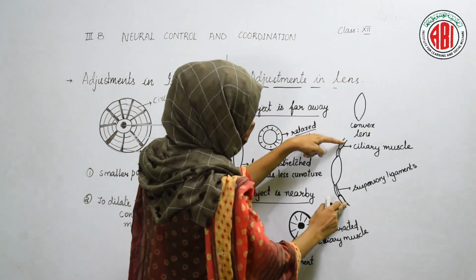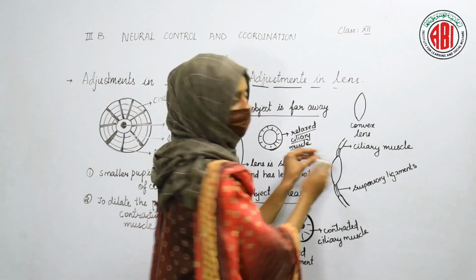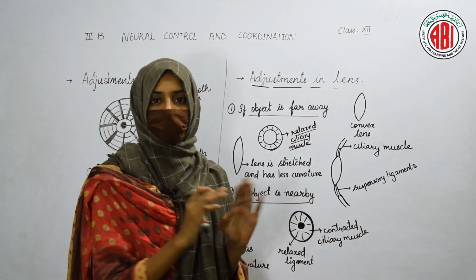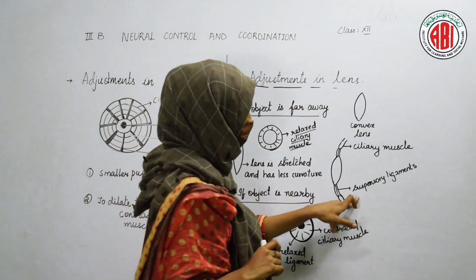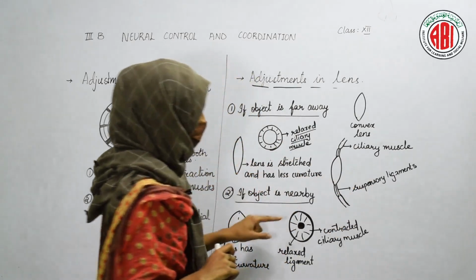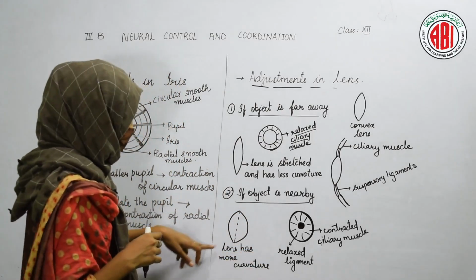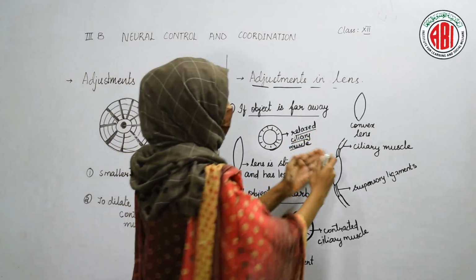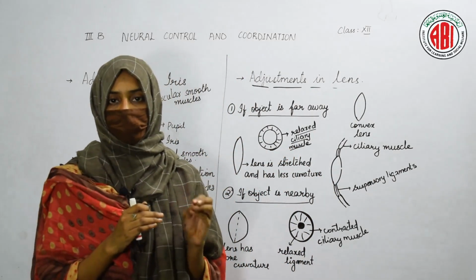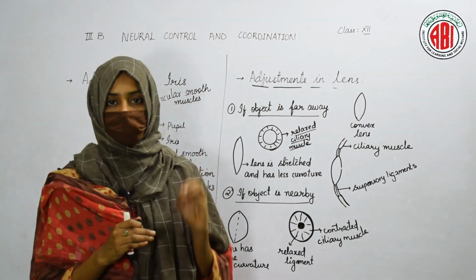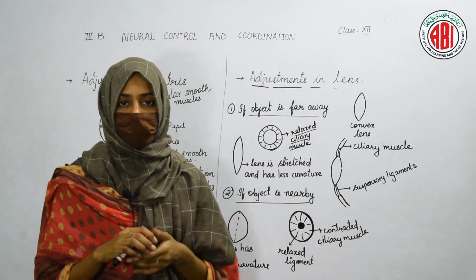When the ciliary muscles contract, the suspensory ligaments move towards the lens, right? They would not stretch. As the suspensory ligaments are not stretching, they are relaxing. Due to the relaxed ligaments, the lens has more curvature, and as soon as the lens has more curvature, you can see the objects kept nearby clearly.